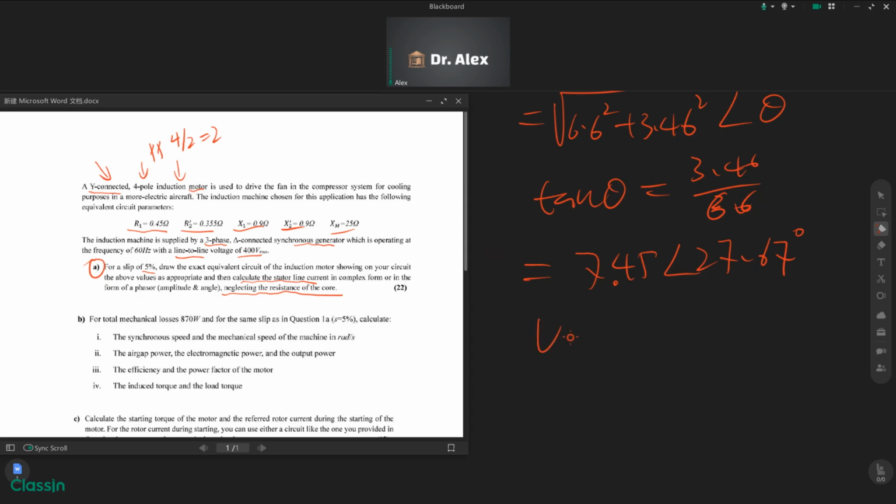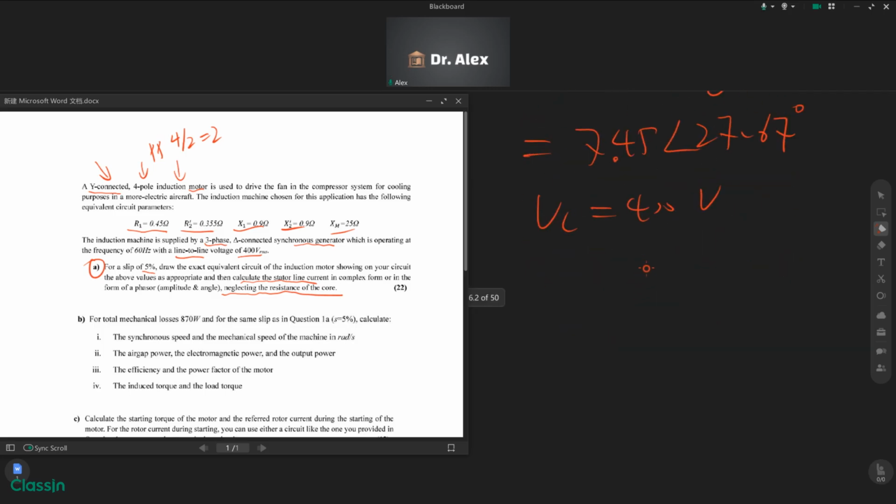All right. So now we get the value of V. Okay. The line voltage is 400 volts. Because our structure is star structure, the phase voltage is the line voltage divided by square root of 3, which is 400 divided by square root 3, which is 230.94 volts.